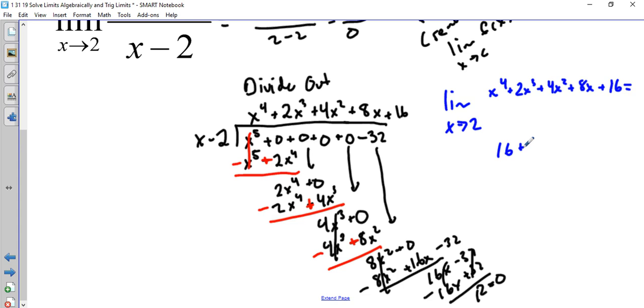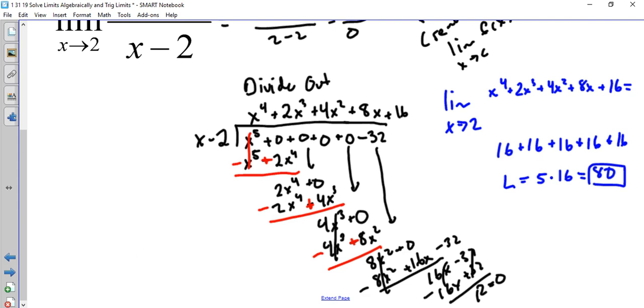This is 16, this is 16, this is 16, this is 16. And 1, 2, 3, 4, 5. 5 times 16 is going to give you 80. I believe it's 80. And that is our limit, my friends. We box that in, and that's what we have for our value.